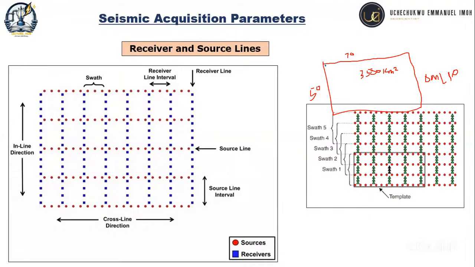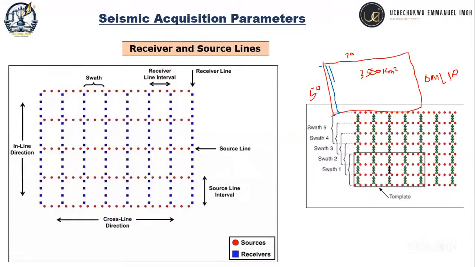So you will most times not have a receiver line running from the beginning here to the end here, because the longer the line, the more complex it is to manage the receiver line physically. When I say managing, I mean avoiding line issues, like the line getting cut or vandalized and all that. It's a long distance. So most times they share it into smaller lines.